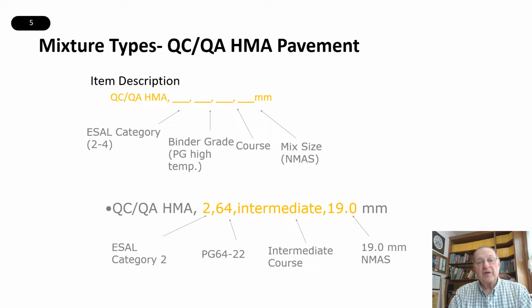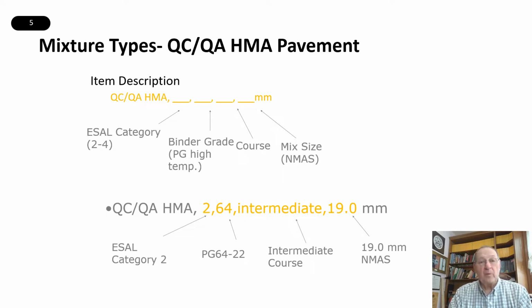Next space will be for asphalt binder grade, and it will be the PG high temperature. All the asphalt binders in Indiana are -22 grades for the low temperature grade, so that's not specifically shown, but it's inferred. The next blank spot will be the course that this mixture is to apply to.